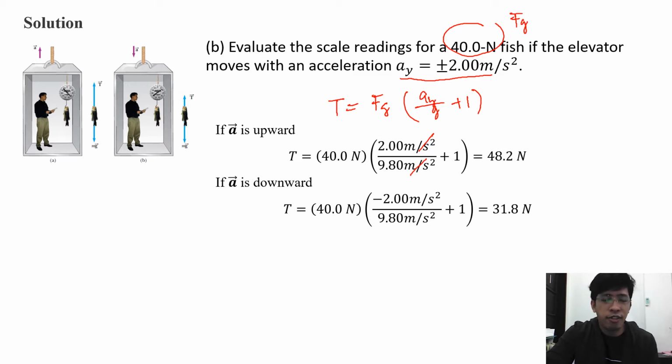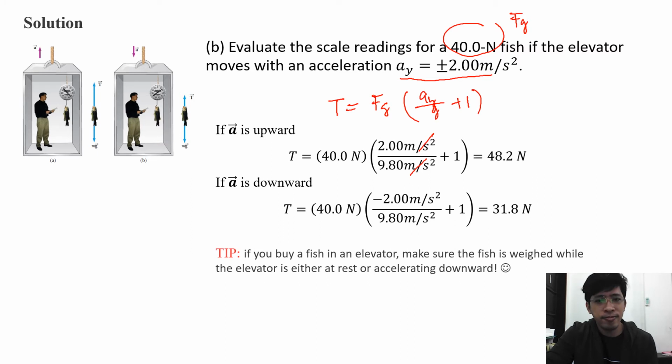And if you're going to sell the fish when the elevator goes upward, you'll gain more interest. So tip, if you buy a fish in an elevator, make sure that the fish is weighed while the elevator is either at rest or accelerating downward. But of course, nobody sells fish on the elevator.